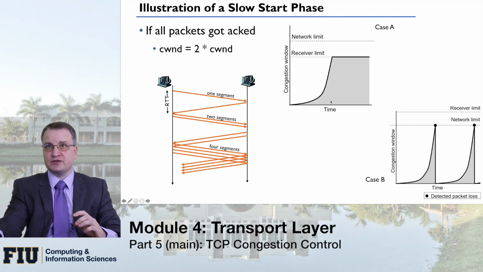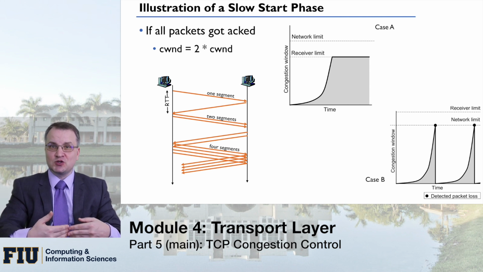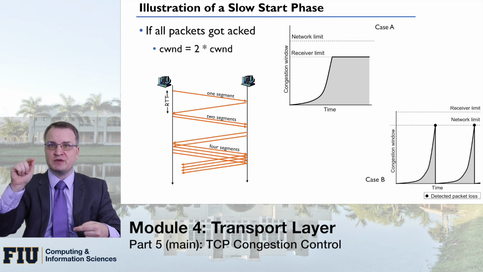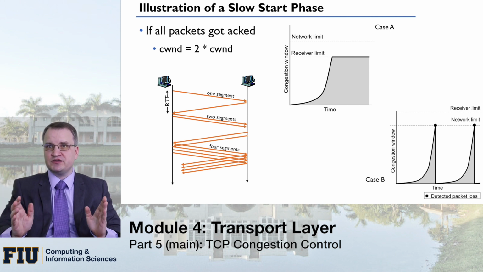In case A, if your receiver is extremely fast and the network is a little bit slower than the receiver, then you will see case B, where you quickly increase the congestion window and drop to 1. You increase rapidly, drop to 1. So this would be just a slow start phase.